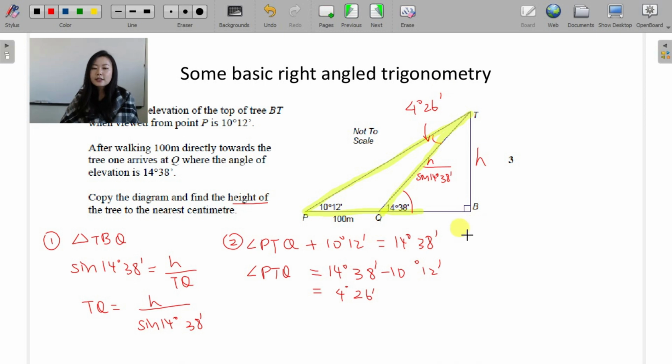All right, so then third step is to actually apply the sine rule. So TQ on the opposite angle, sine 10 degrees and 12 minutes, is equal to 100 on sine 4 degrees and 26 minutes. That means TQ is equal to 100 times that.